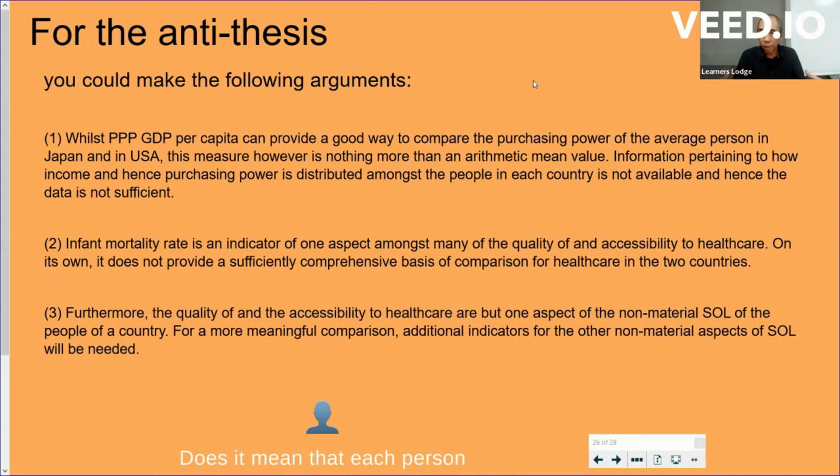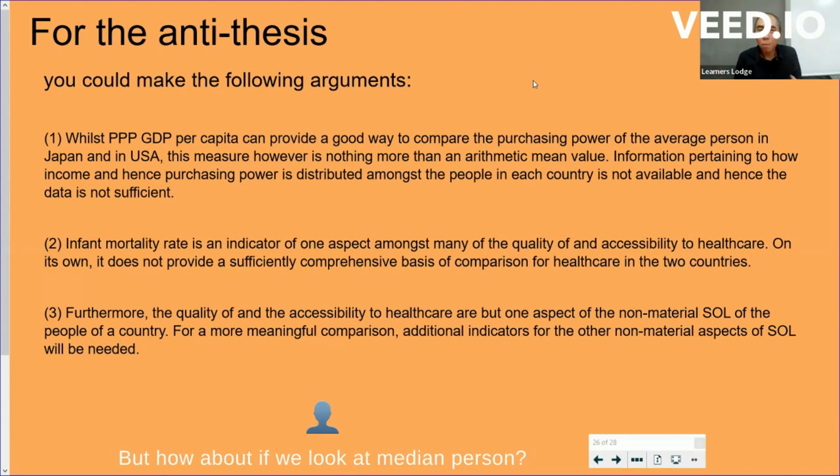Does it mean that each person has the same amount of money? Could it be that income distribution in one of these countries is very skewed towards the rich, while in the other country, it might not be as skewed to the rich? So then the average person, from a mean value point of view, yes, America seems to be doing better in terms of purchasing power, right?